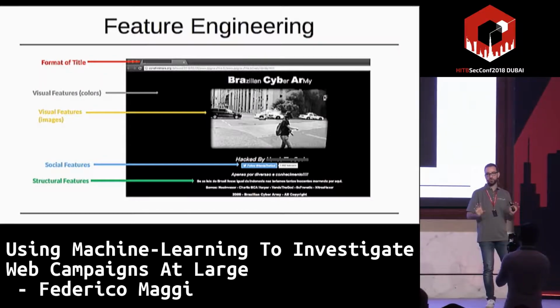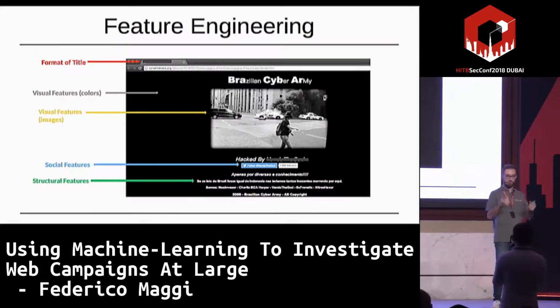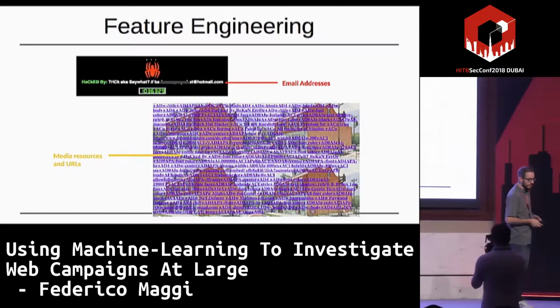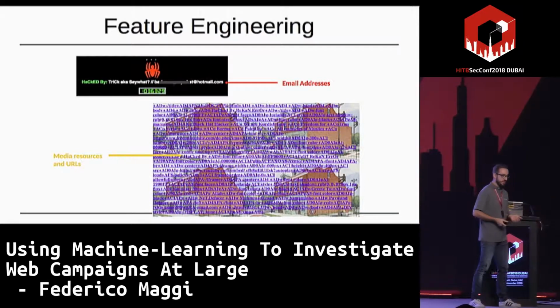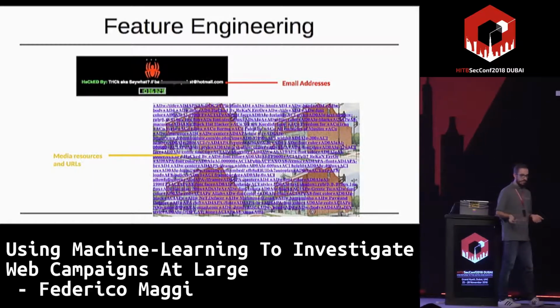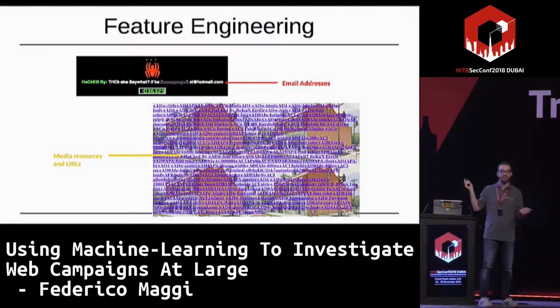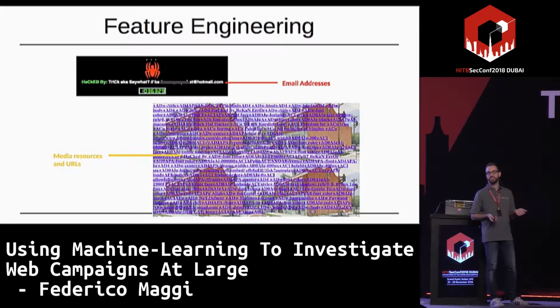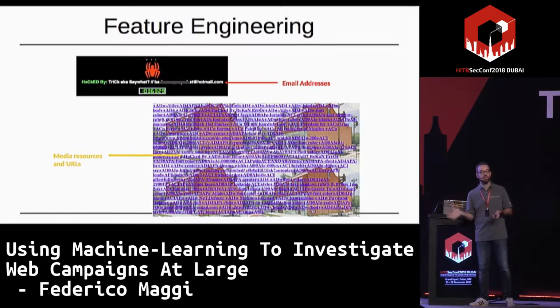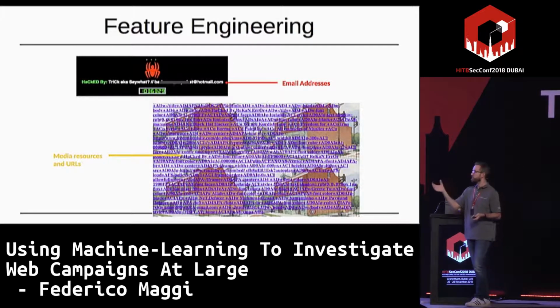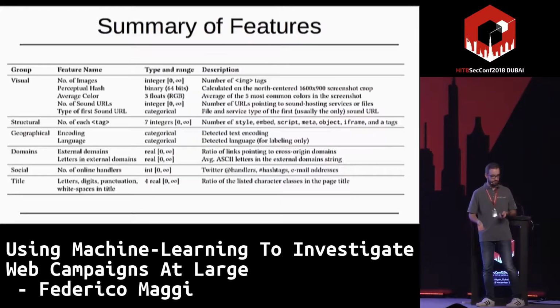We only keep the structural elements such as div, table, and so on. We also keep track of email addresses and all the URLs. Here you see a page that stands out for the amount of URLs that these guys have planted as part of the defacement. This is an extreme case, just to make the point. We keep track of how many URLs they insert.